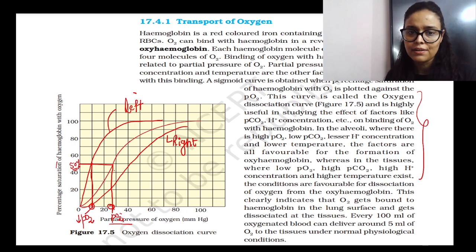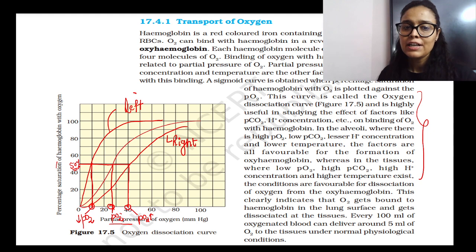And we will see which organ has the right shift. There, more partial pressure of oxygen is required in order to saturate 50% hemoglobin, right? So in some part of the body, it requires less partial pressure of oxygen to saturate 50% hemoglobin, and in some part of the body, they require more oxygen to saturate 50% hemoglobin.